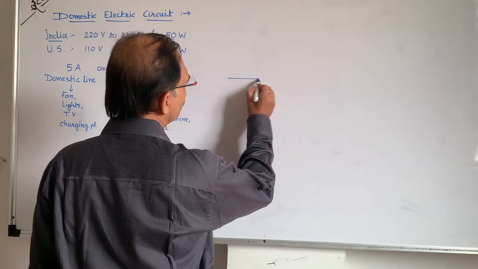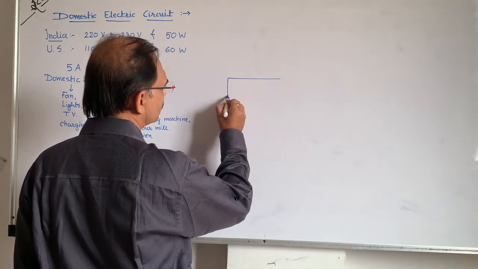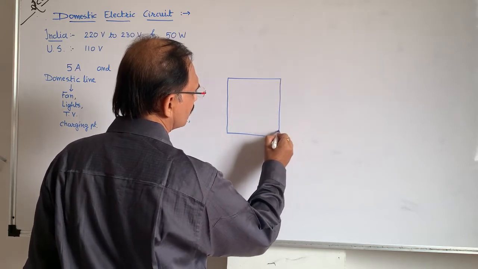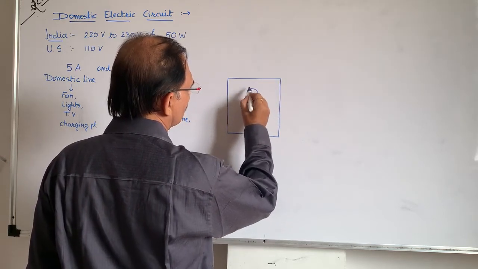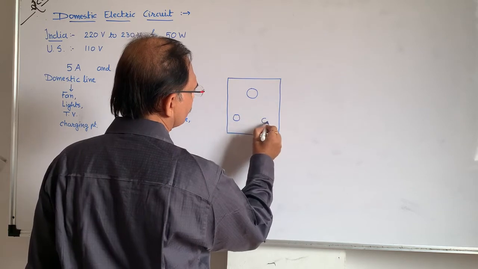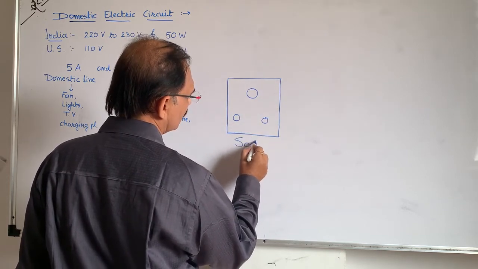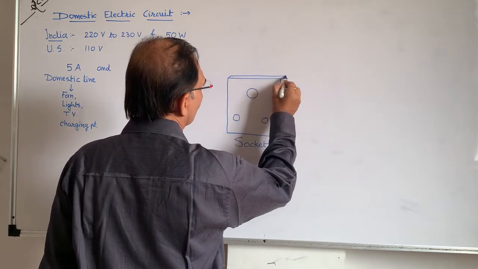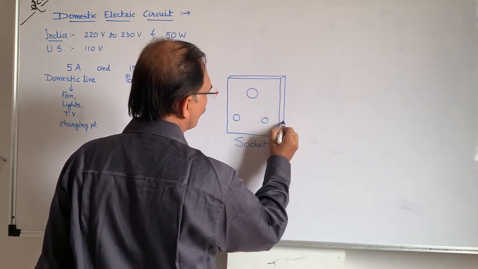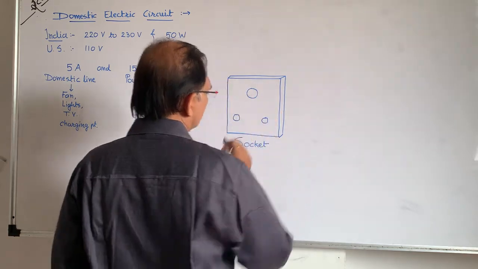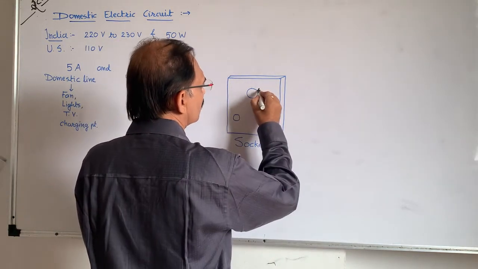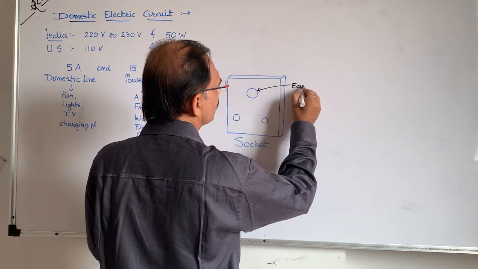Now, in your home, you have seen this type of structure, which is known as a socket. This upper big terminal is called the earthing terminal.